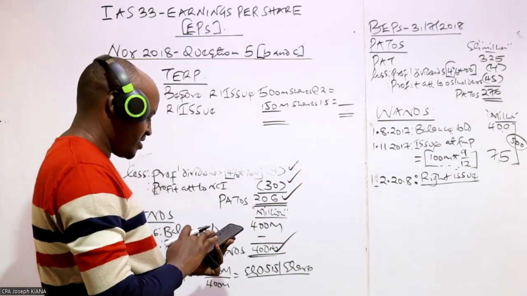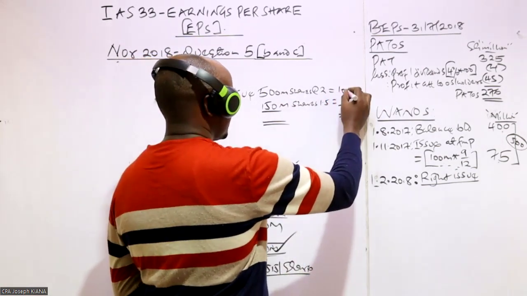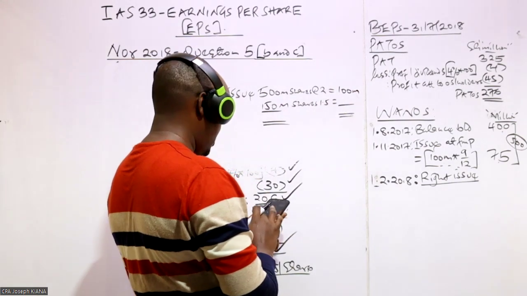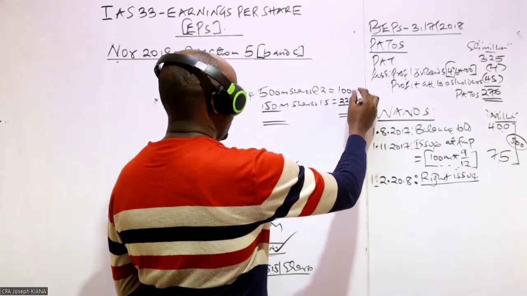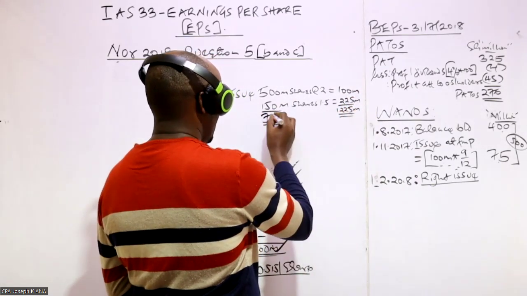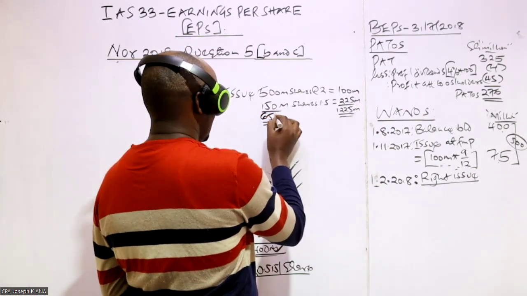So we have 500 times 2, which will give us 1,000, and then 150 times 1.5, which will give us 225 million. So we add these 2, and then we also add this, which will give us 650 million.